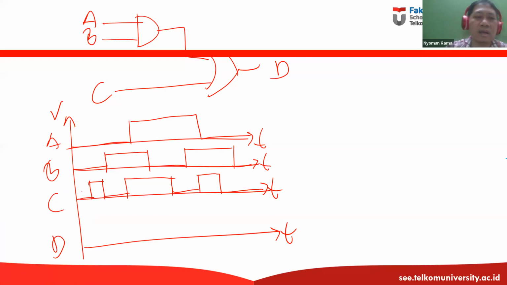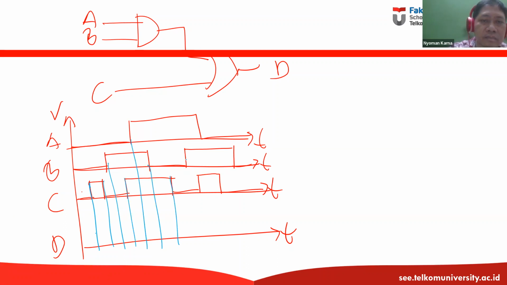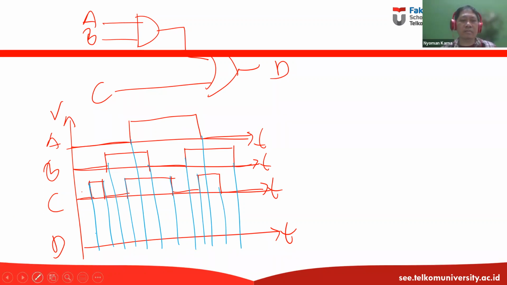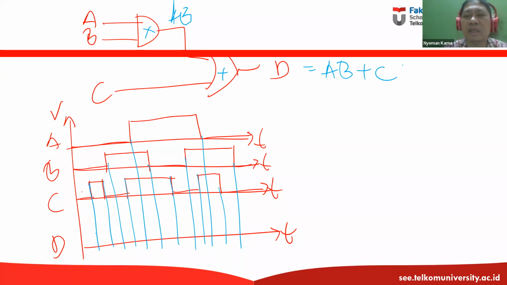Let's make the line first. Now, the output D is AB, because this one is AB, plus C.